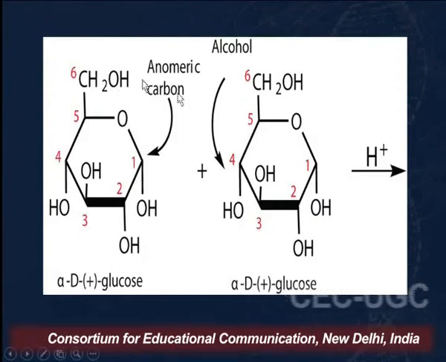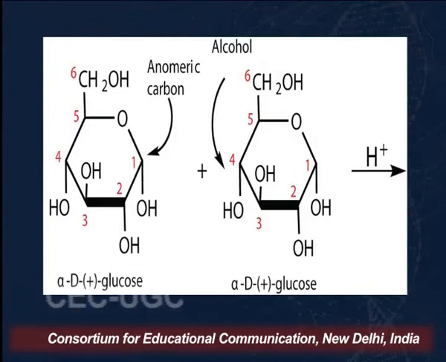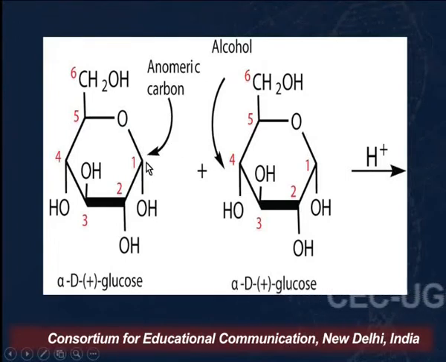So the reaction is between two molecules of alpha D glucose. Now why are we saying it is alpha? What does D indicate here and what does the plus sign indicate here? This concept must be very clear to you. Capital D refers to the orientation of OH on the highest numbered asymmetric carbon. Alpha refers to the orientation of OH on the anomeric carbon, that is the C1 carbon in the case of glucose.